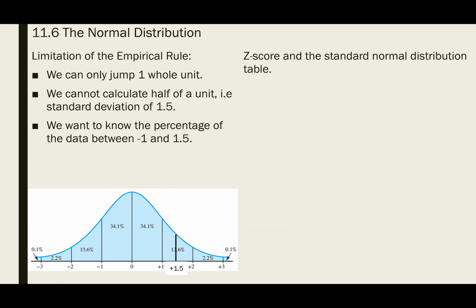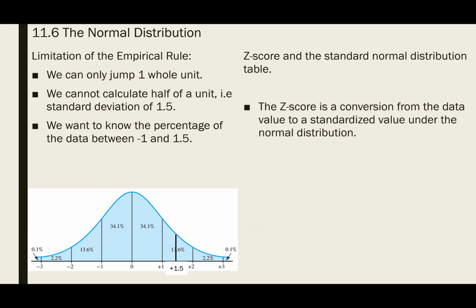So the z-score is a standard normal. In short, the standard normal tells you that it doesn't matter what the data is, how fast you run, how slow you run, how wide or narrow your step is, or whether it's height or weight, whatever you try to collect.